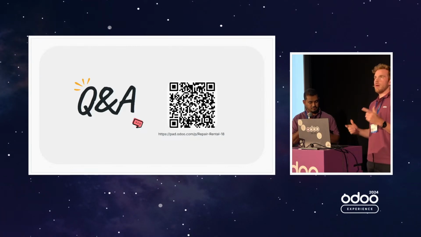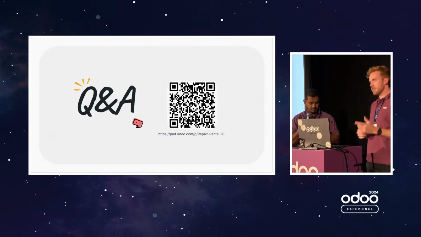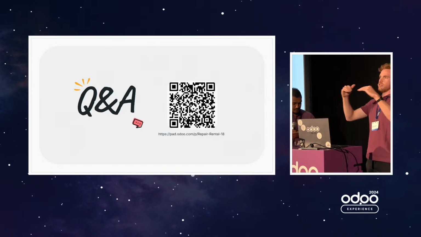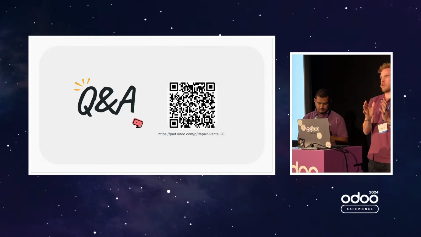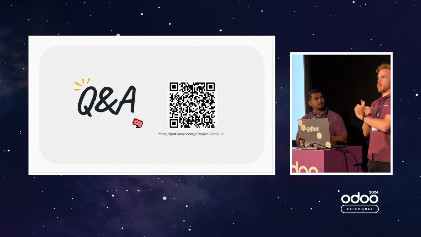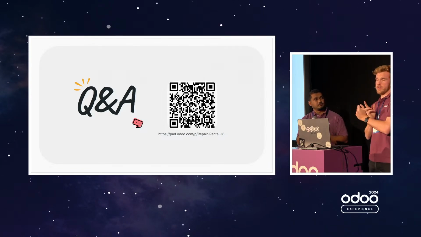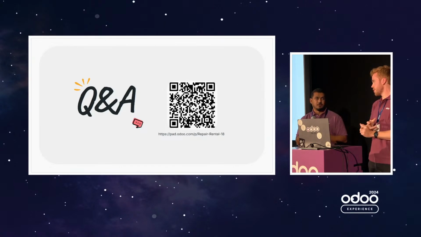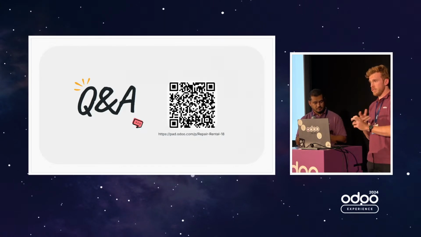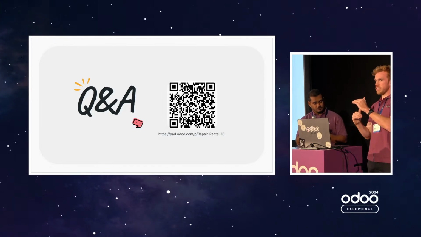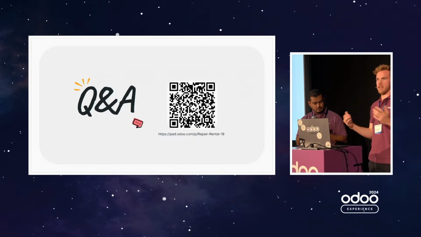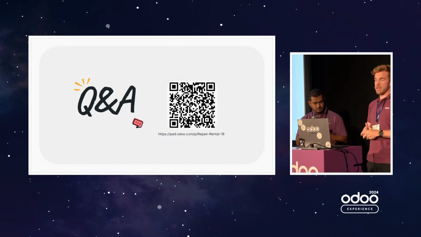Well, I would again have to check it. It's a good question, but you know that you can set your quality check on your return either per product or per quantity. So if you have 2 serial numbers, you could set your quality check per quantity. So you have 2 quality checks. You could fail one and not the other, and that allows you to only see the one that failed in the repair.